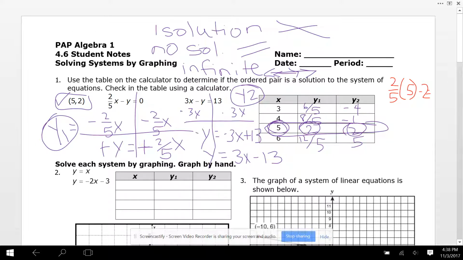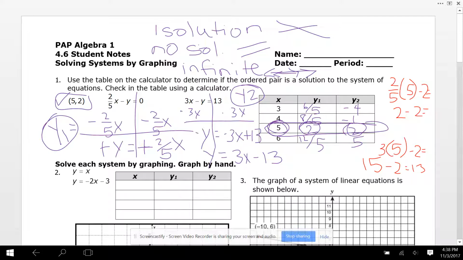So when I have 2 over 5 times 5, that's 10 over 5 or 2. So I have 2 minus 2 equals 0. Yeah, that's right. And then I would also have to put it in this other one. So I would put 3 times 5 minus 2 equals 13, and that's 15 minus 2 equals 13.